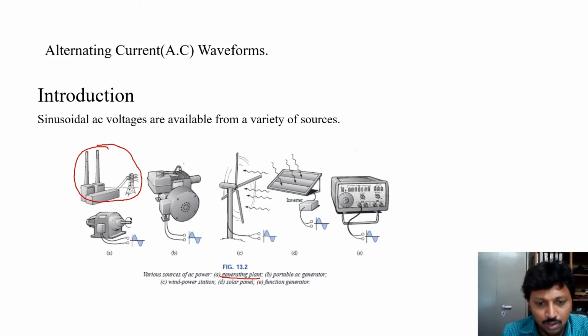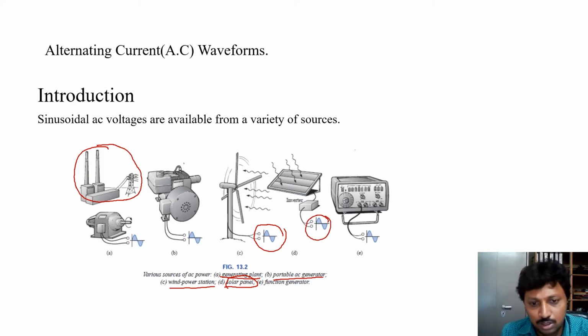Also, the portable generator gives you output. Wind power stations also generate alternating current, and a solar panel also can generate alternating current.